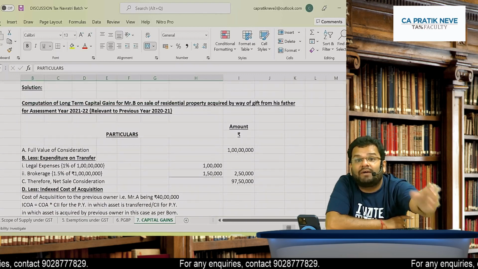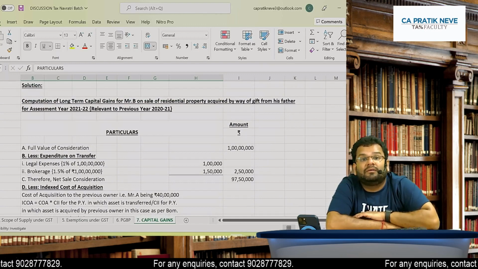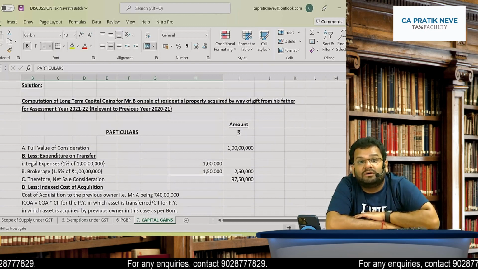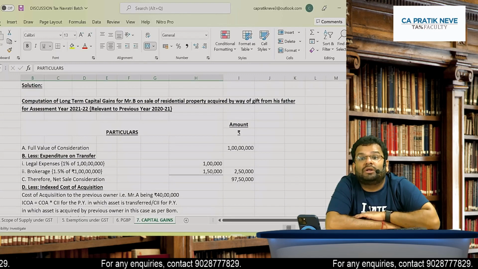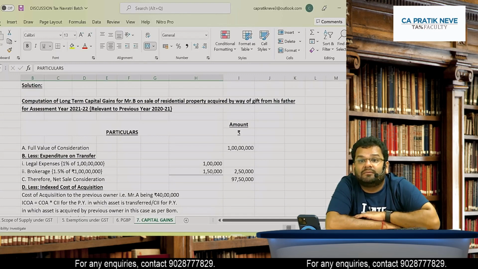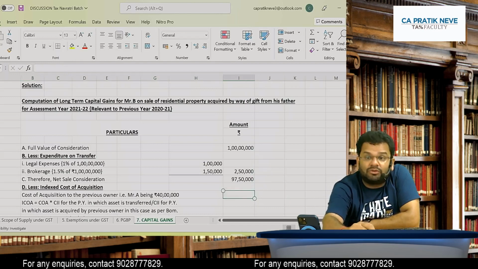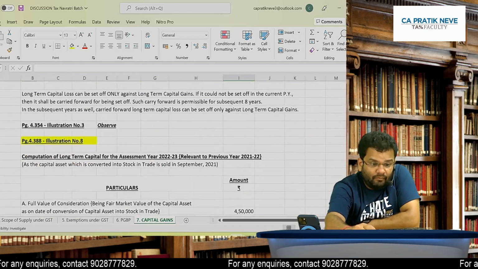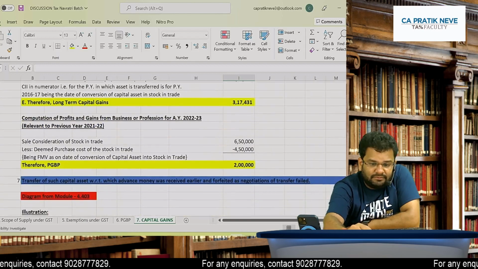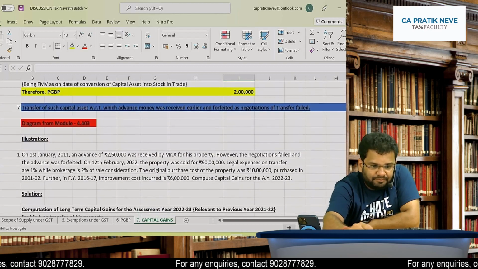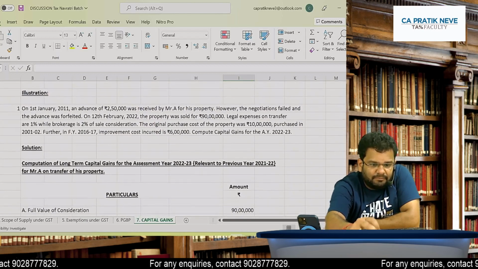If this would have happened before 1st April 2014, okay, mark the date. What's the date? 1st April 2014 means, see this example.